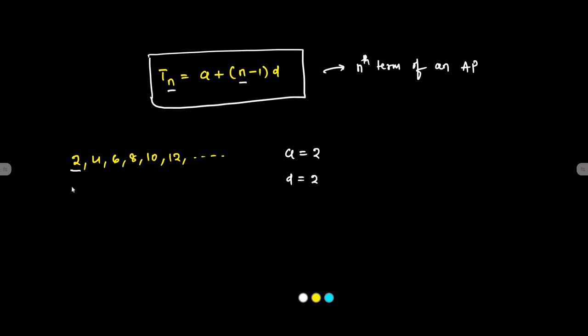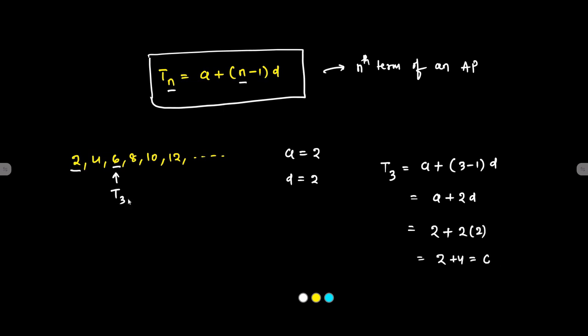This is the first term, this is the second term, this is the third term. Suppose we have to find T3. According to the formula, T3 is A plus 3 minus 1 into D, or A plus 2D. If we put the values, we have 2 plus 2 into 2, which is 2 plus 4, equal to 6. So here it is 6.